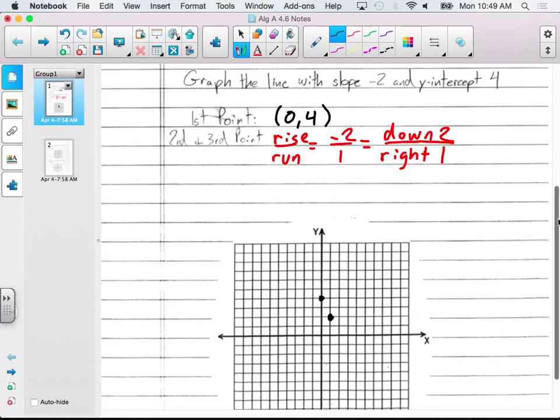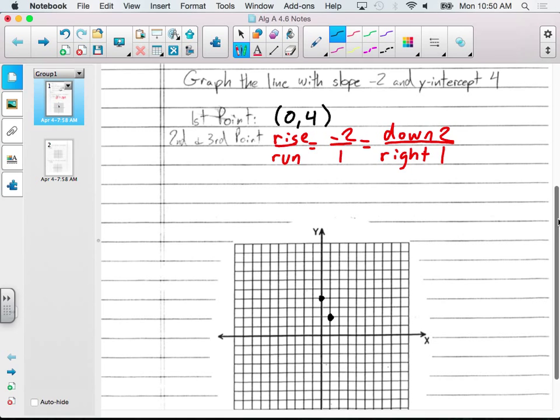So when we're going up, that's considered positive. And if we go down, we're getting more negative, right? That's why it's negative. And then for our right and left, just like on the number line, if you go to the right, it's becoming more positive. So that's why it's positive. And then same thing with going left, it's becoming more negative, right?